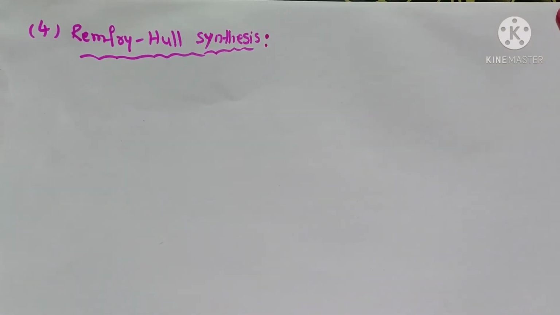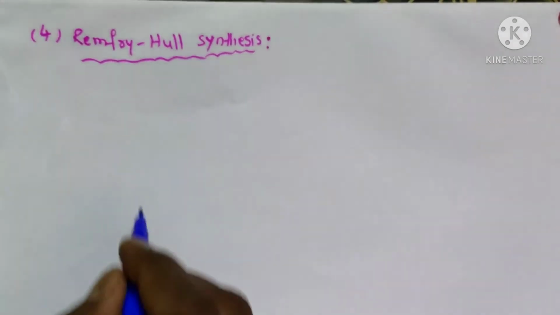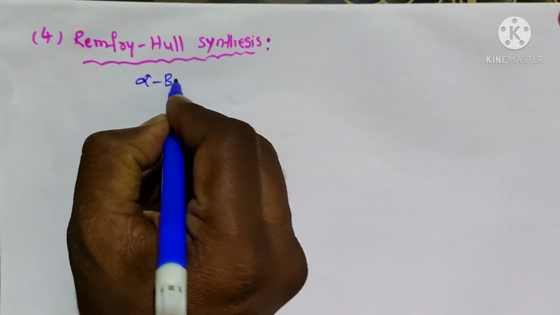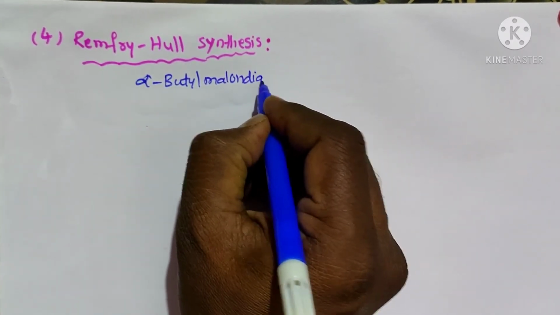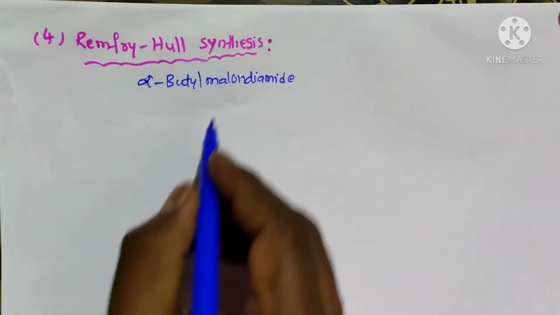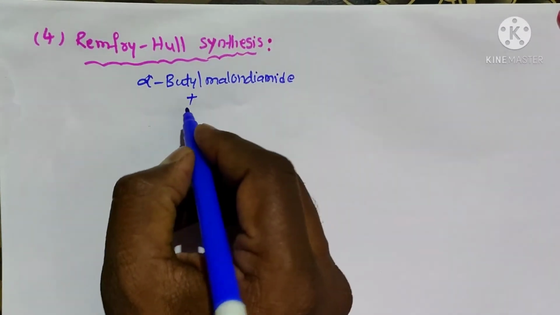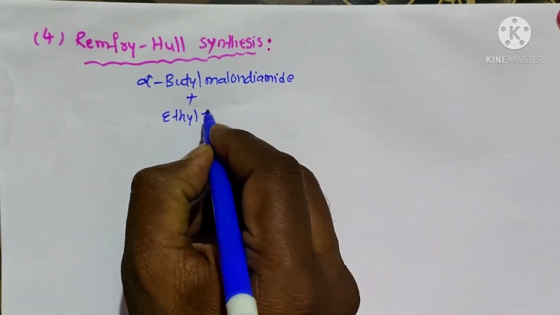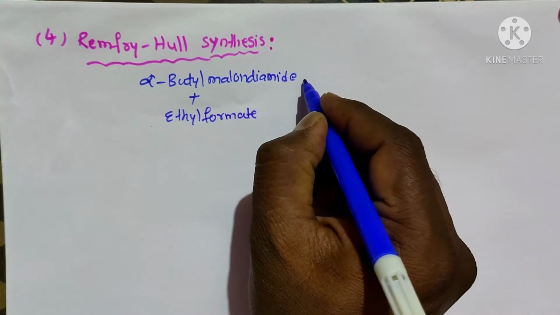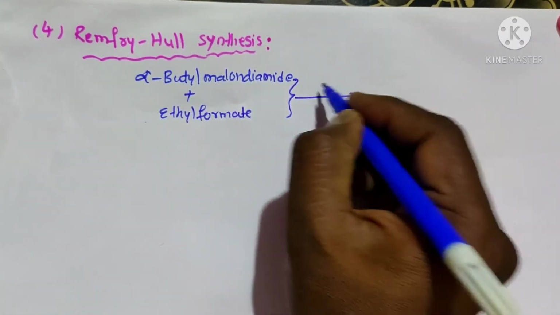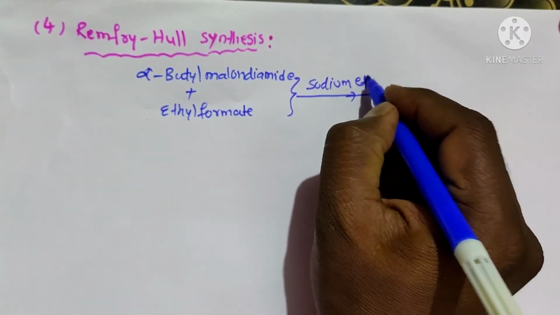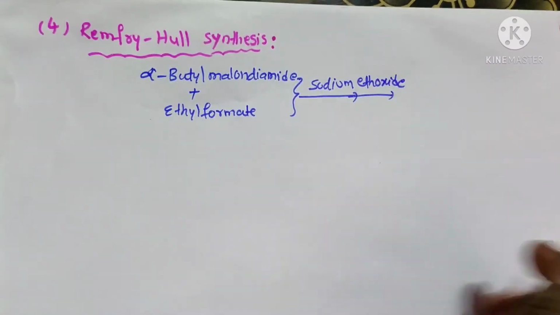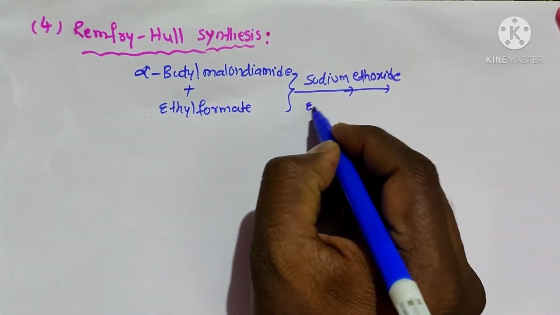Now the fourth synthesis method, that is the Traube synthesis. In this synthesis, we make use of alpha butyl malondiamide, and we react this with ethyl formate in the presence of sodium ethoxide in an ethanolic solution.